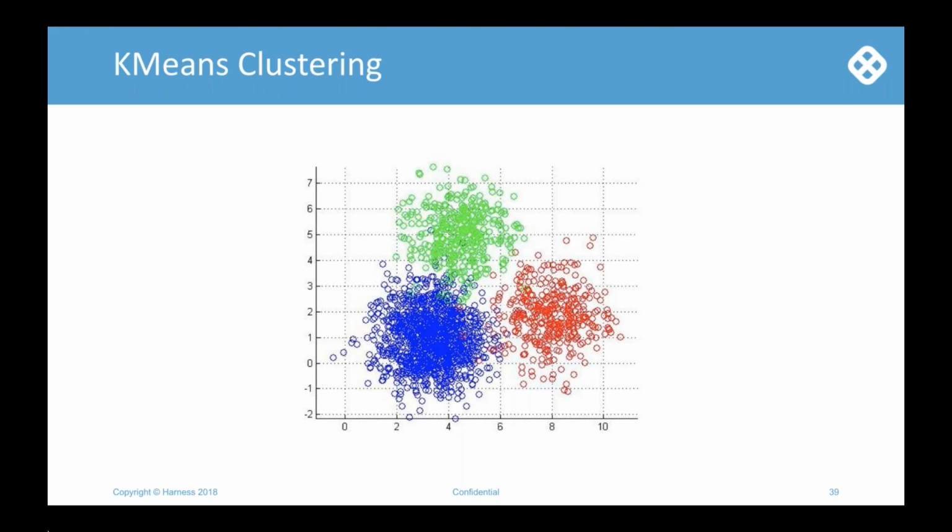The green might be null pointers, the blue might be array out of bounds exceptions, and the red might be a business exception. The reason they're not completely overlapping is because those exceptions can surface in different areas of your application. Especially in a microservices environment where you might have 50 or 100 microservices, a null pointer could be thrown in different microservices. It's still a null pointer exception, but it's in different locations.